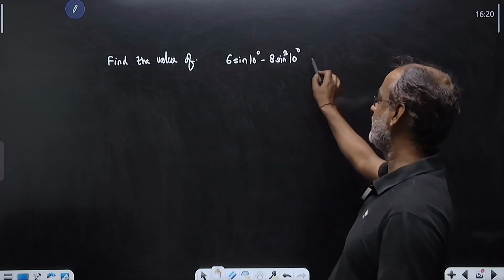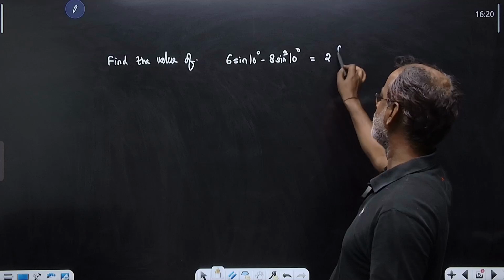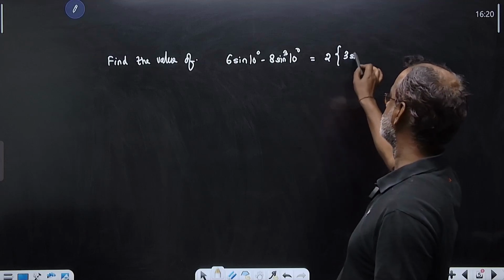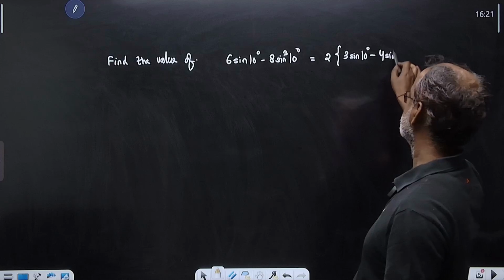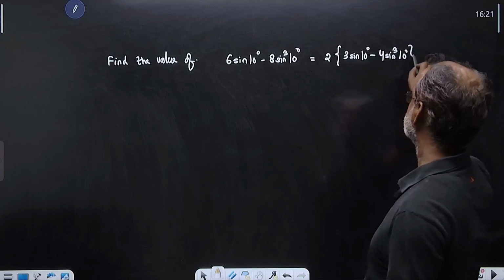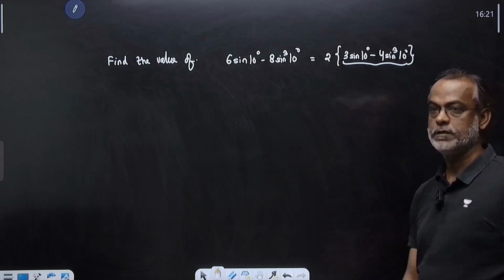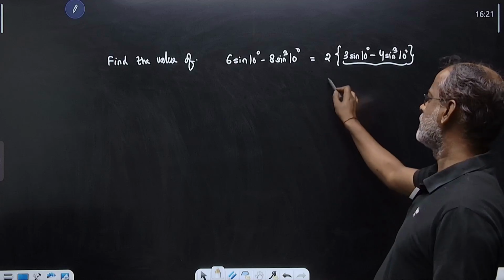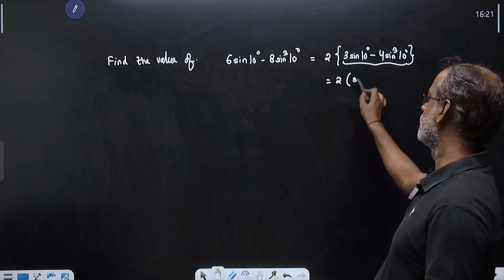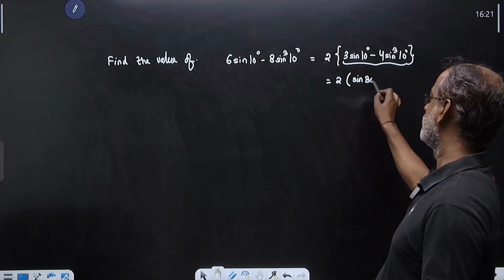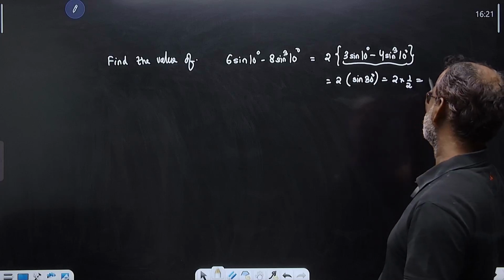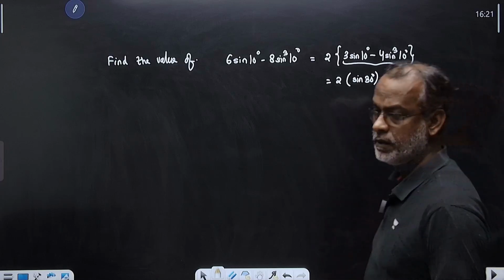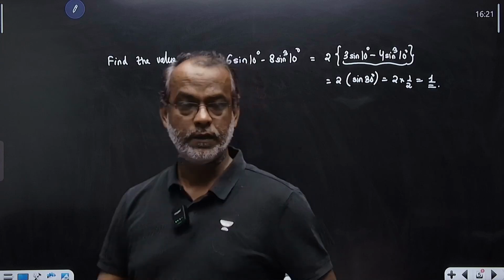So, what will this be? Take 2 common, this is... what is this? 3 sine theta minus 4 sine cube theta, sine 3 theta. This is simply 1.